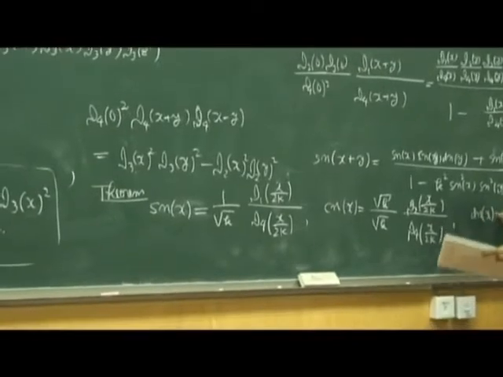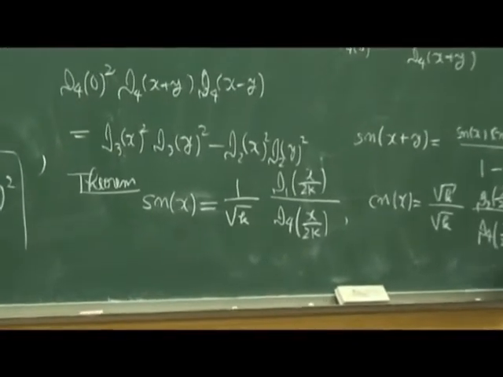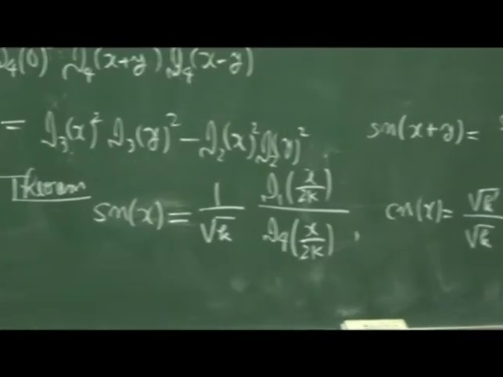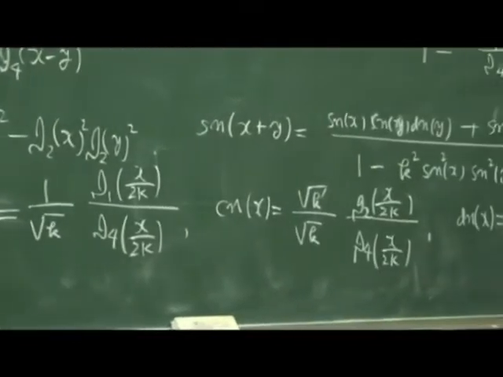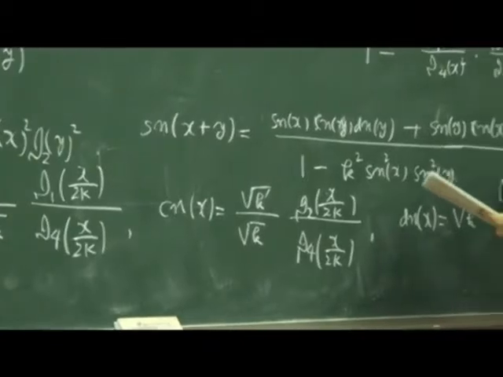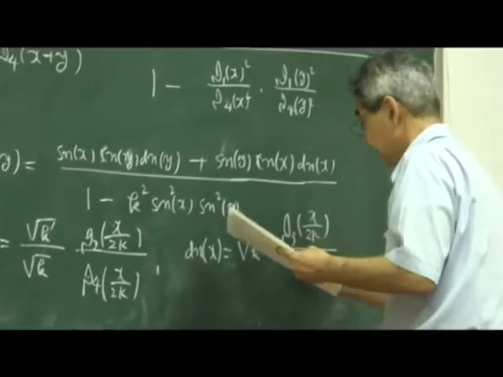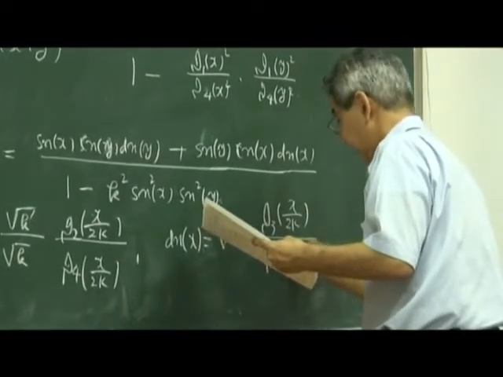dnx is given by square root of k, or k prime, theta 3 x over 2k, theta 4 of x over 2k.